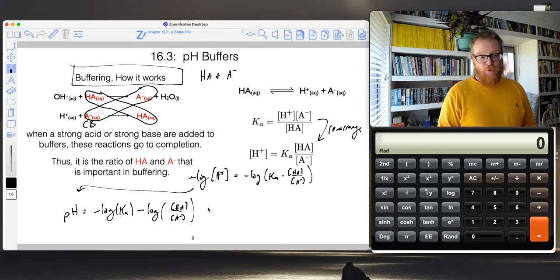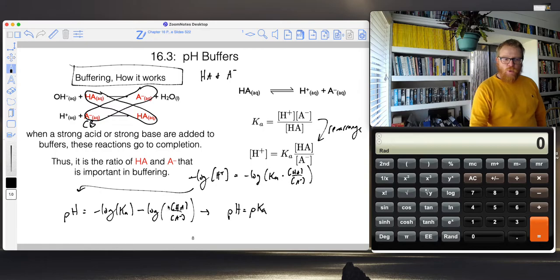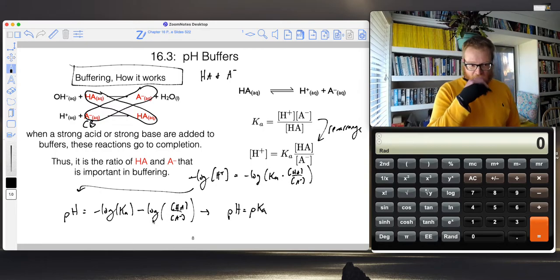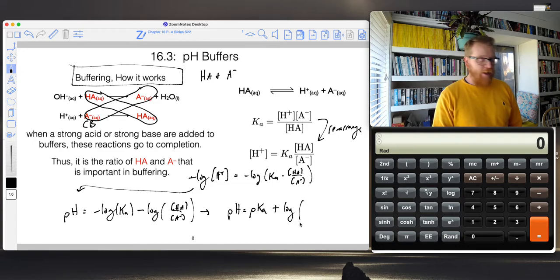I can rewrite that now as the following. pH equals, and we know that the negative log of Ka is simply the pKa, and I'm going to switch the order of this. This is just done as a matter of historical context. If I switch the order in which this is divided, it changes the sign. So I can say plus log of A minus over HA.